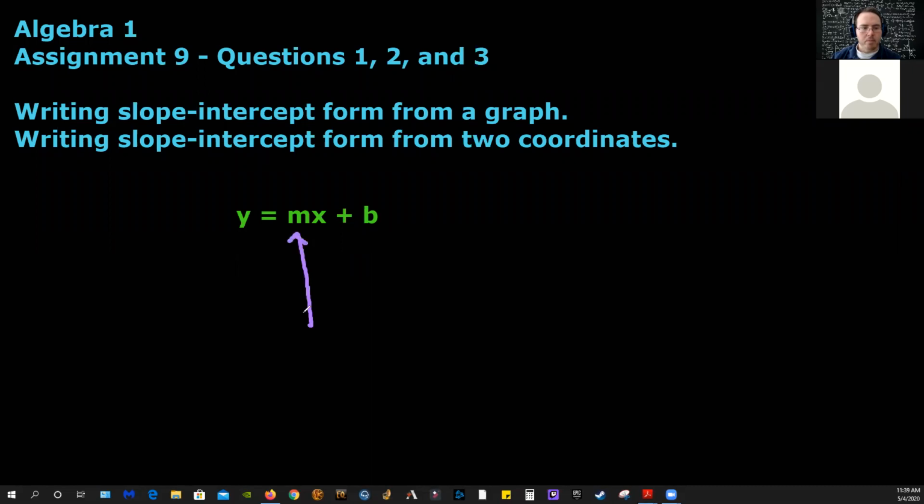M is our slope. So on a graph, that would be the change in y over the change in x. B is our y-intercept.